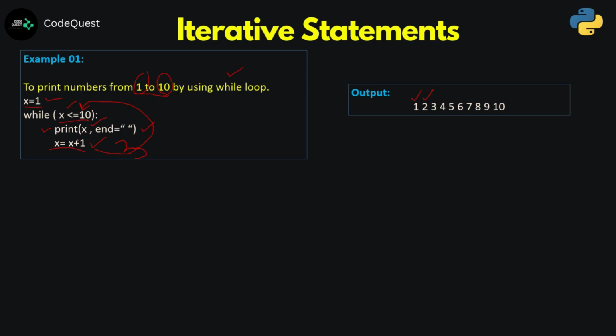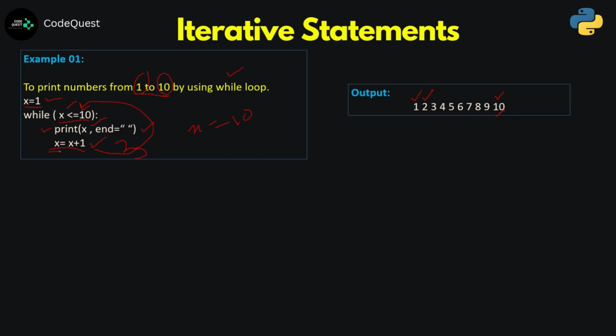Like this, the loop is going to continue as long as x is up to 10. Suppose x has reached 10 now. If I check x less than or equal to 10, 10 less than or equal to 10 is true, so I print the value of x, that is 10.